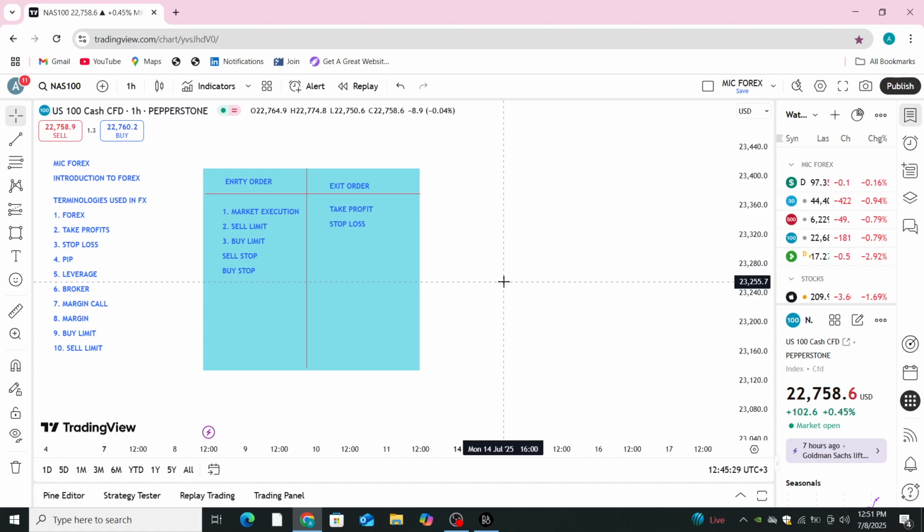When you hear about market execution, this is immediate action into the market. Like if I tell you sell gold, then you need to sell at the current price, or you sell immediately.